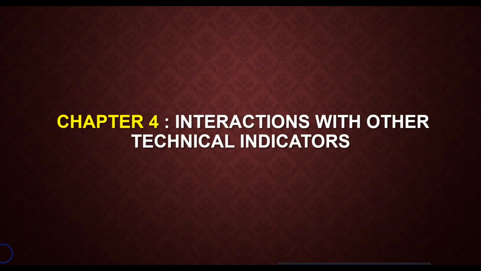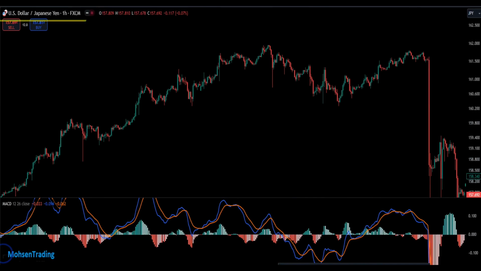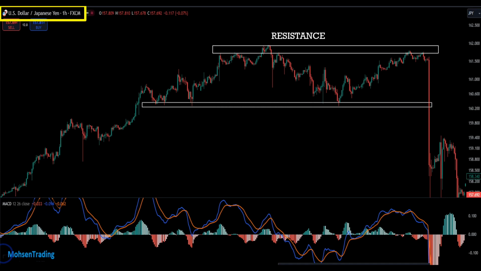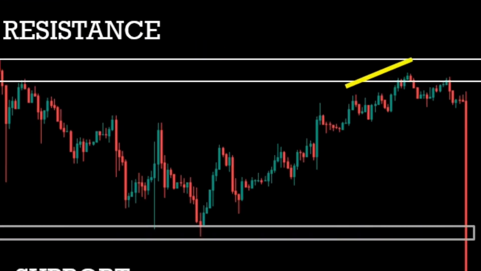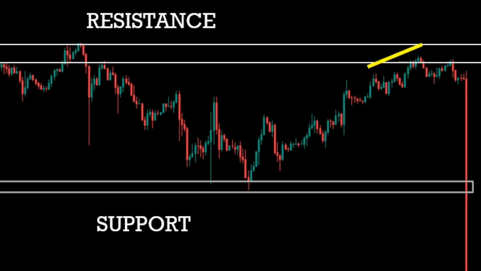Interactions with other technical indicators. In this USD/JPY chart, on the 1 hour time frame, we have a strong resistance level and a support level. At the end of the resistance level, we observe a decrease in momentum, which results in the formation of a regular divergence.